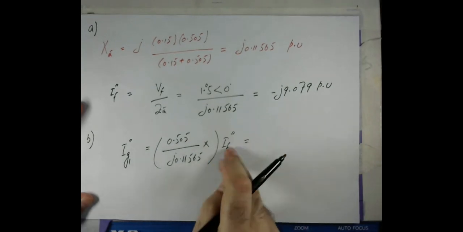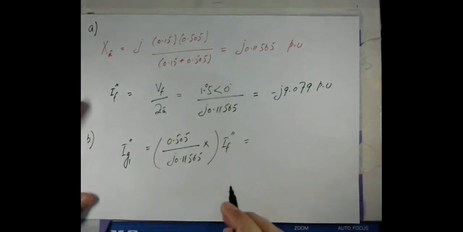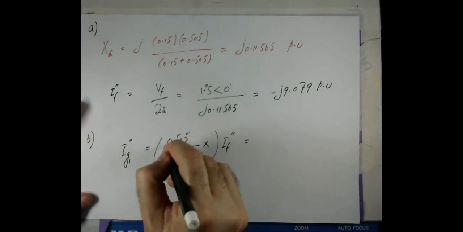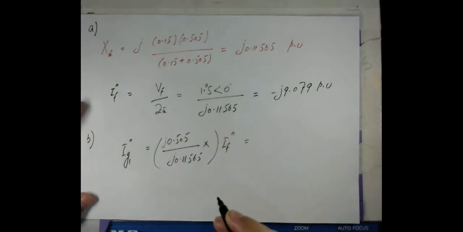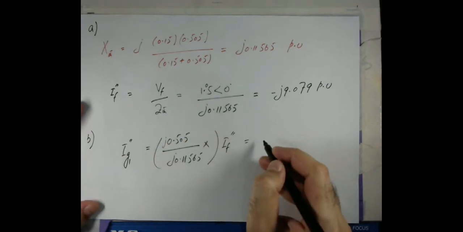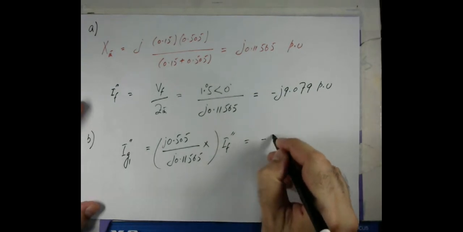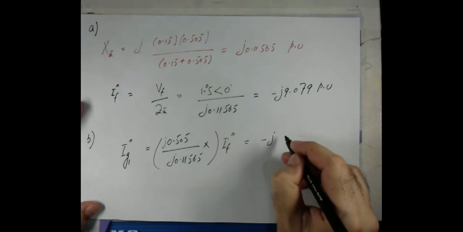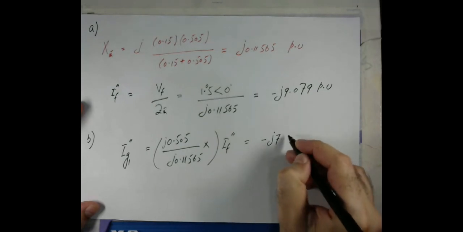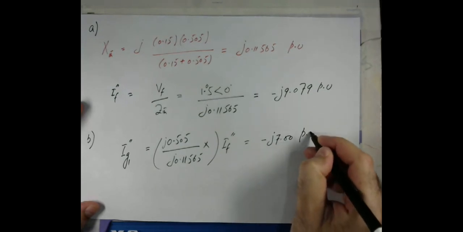If we multiply this value with this one, J is also involved here, so it will become minus J 7.00 per unit.